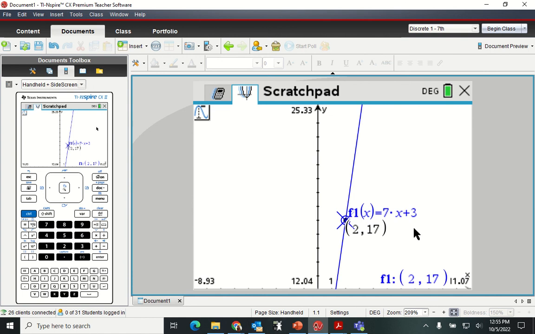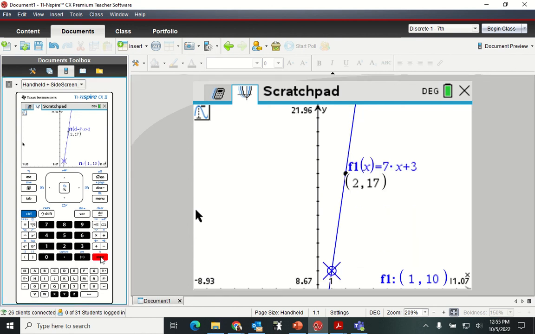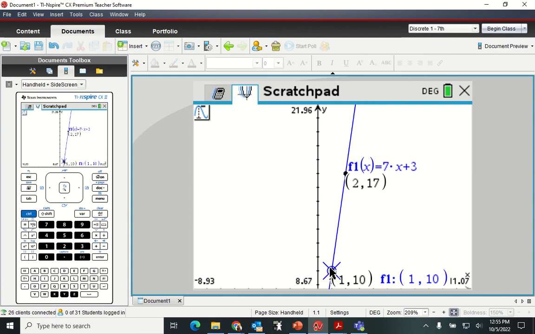So I don't have to go all the way up to the next one. So 217 will work. What about if I hit the number 1? It's right here, and that would be 110. Does that make sense? Just hit the number and it will come up.